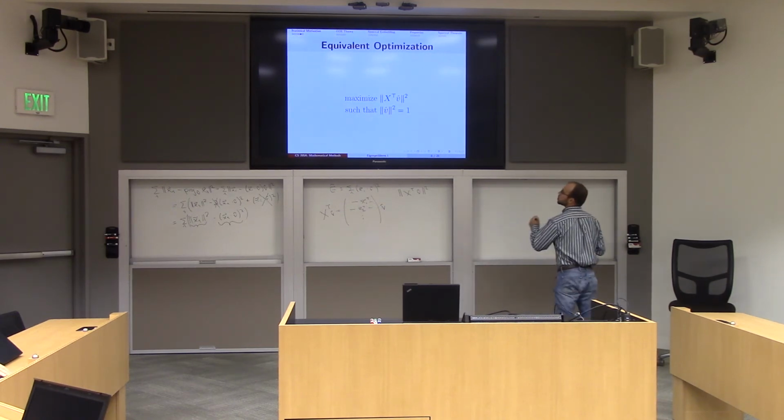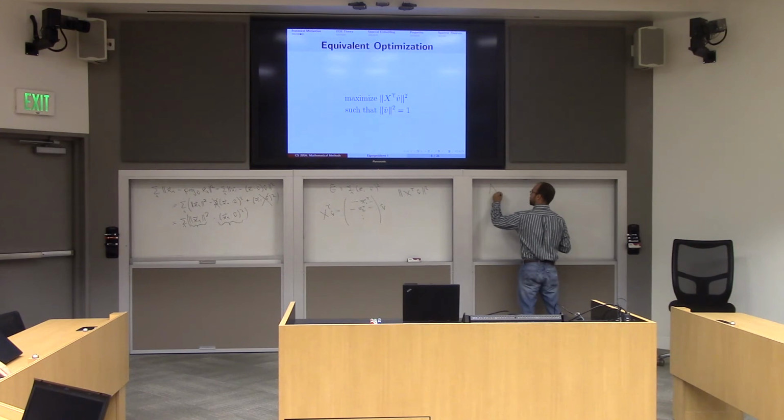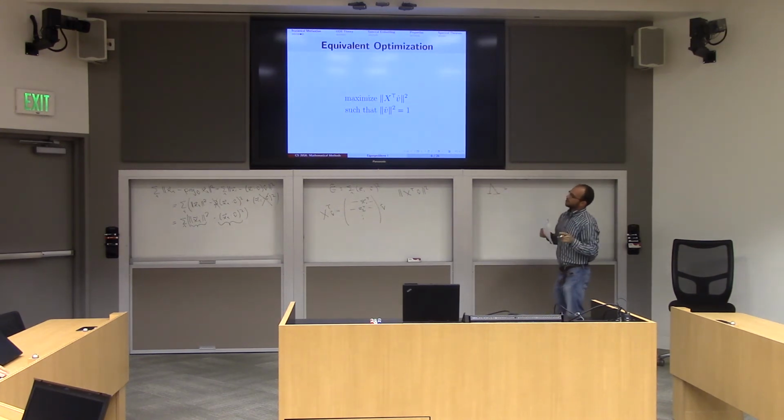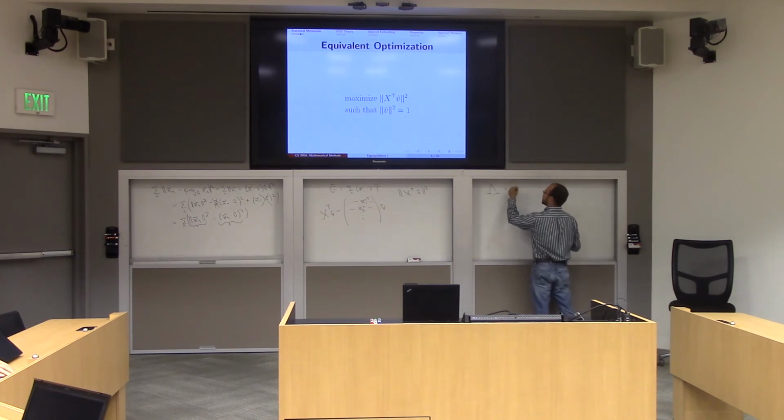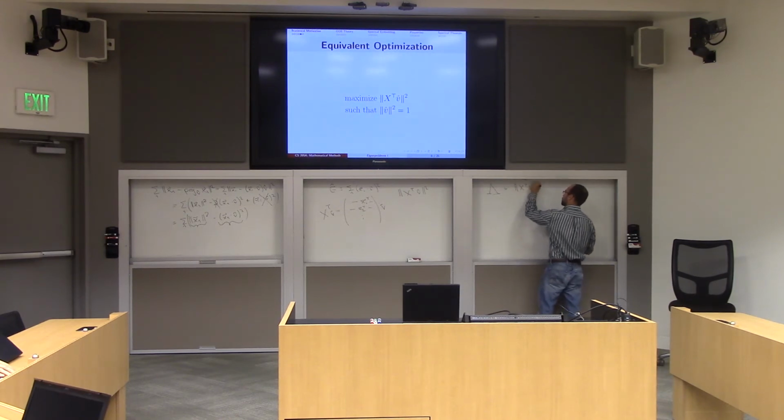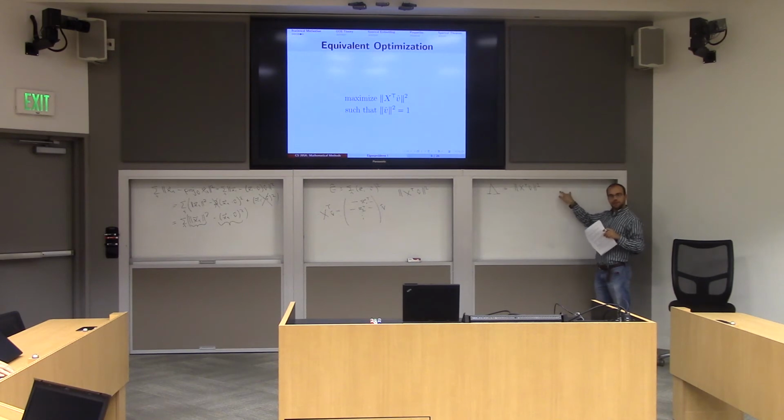So what is the Lagrange multiplier function here? Well, it's capital Lambda, and it's a function of v hat and an additional multiplier which we'll call lambda. We'll say that this is the norm of X transpose v hat, squared. Remember, how do Lagrange multipliers work? We're going to add a second term to our energy that looks like our constraint. So in particular, let's say this is minus lambda times v hat transpose v hat minus 1.